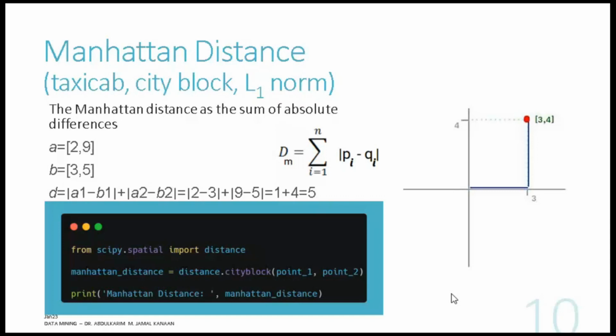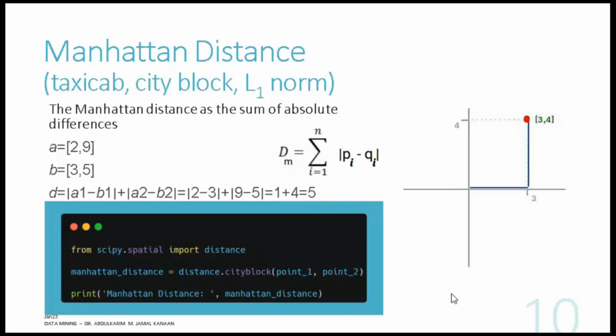Then I substitute: the absolute of 2 minus 3, plus the absolute of 9 minus 5, equals 1 plus 4, equals 5. So the distance between A and B is the value 5. This is by using Manhattan, or we call it taxi cab.